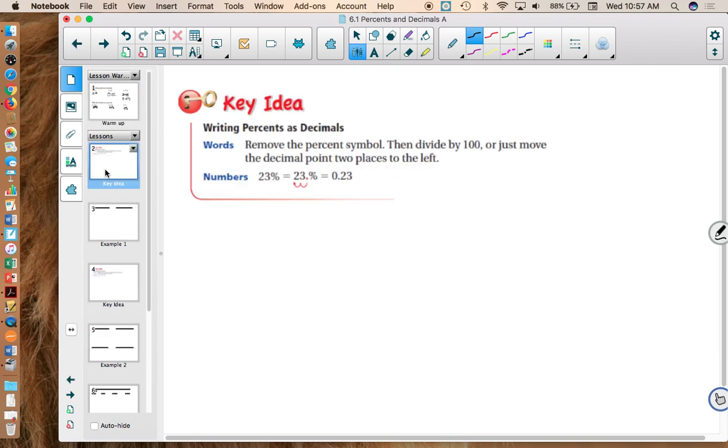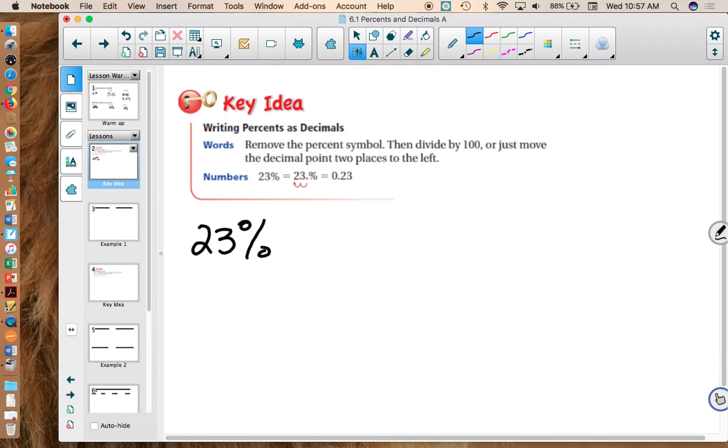Key idea. We said a minute ago, going from percents to decimals, if I've got 23%, then I'm actually moving my decimal to the left 2 places. Do you agree with that?